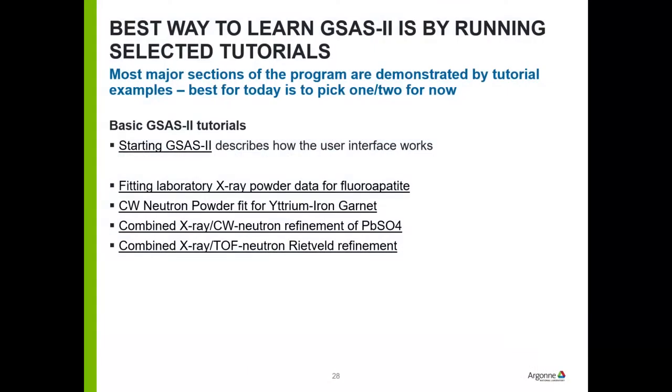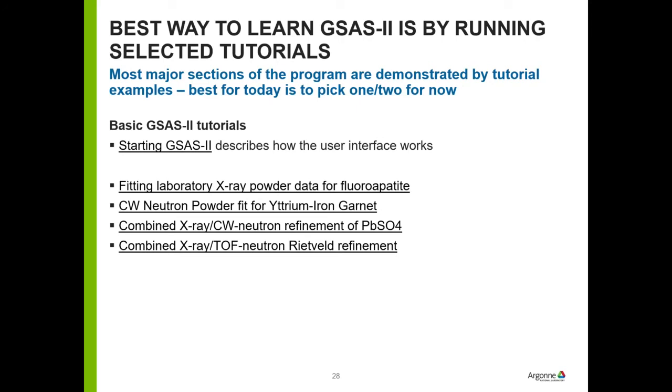Tutorials. As I said, there were 50 of them or so. What I suggest you do is, first of all, take a quick look at the first one, which only describes how the user interface works. It's like one page. But the thing you should really start with is fitting of X-ray powder diffraction data for fluoroapatite.